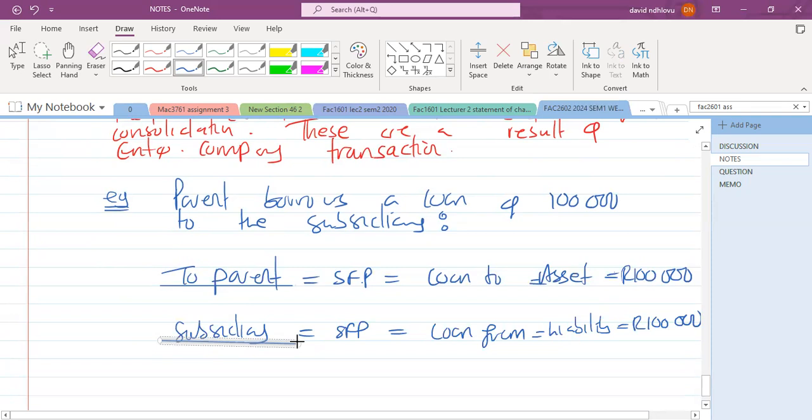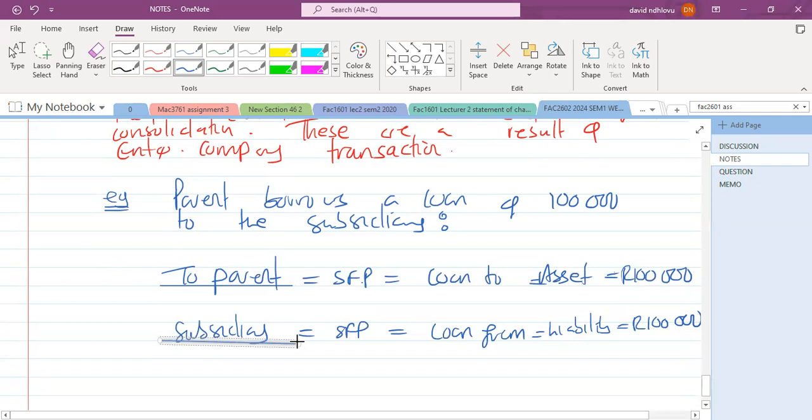All right, so when we now combine the two companies in the form of consolidation, we are combining the companies to create one bigger company, which is a group. So remember, we take the parent, we take the subsidiary, we combine them, it becomes one company.